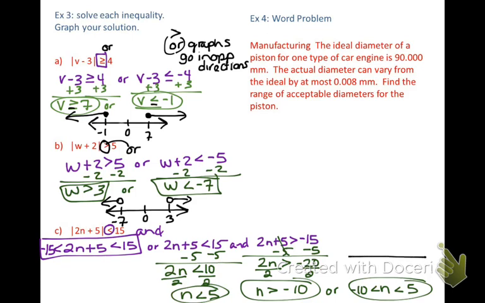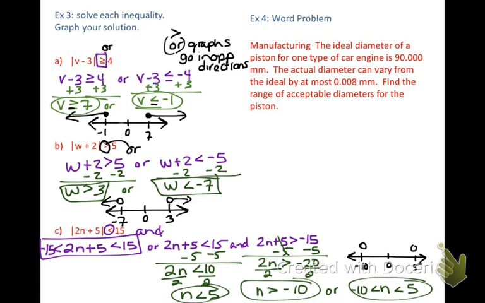Now we're going to graph it. I have 0, -10, and 5. There's no equal sign at the bottom, so they're open circles.